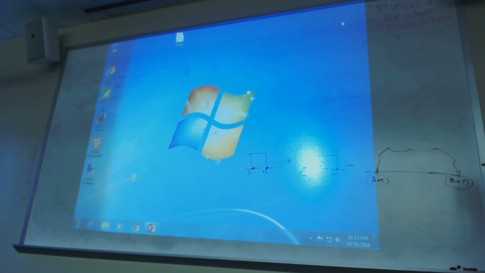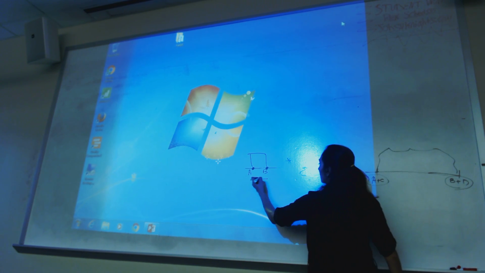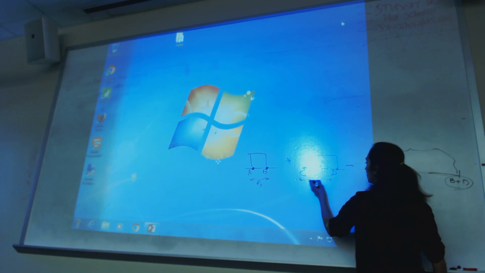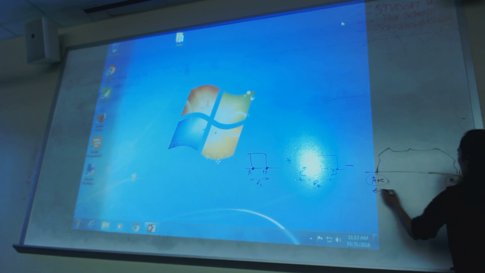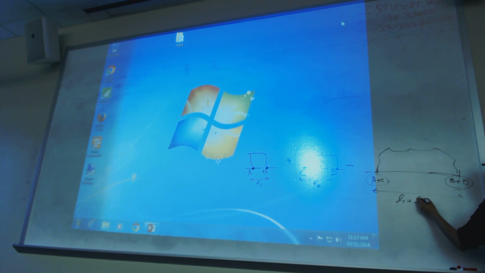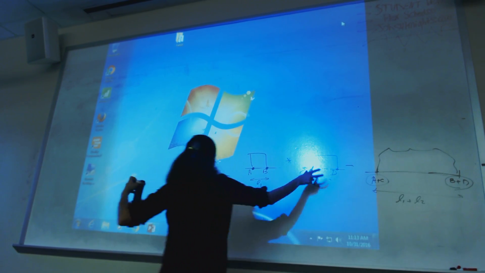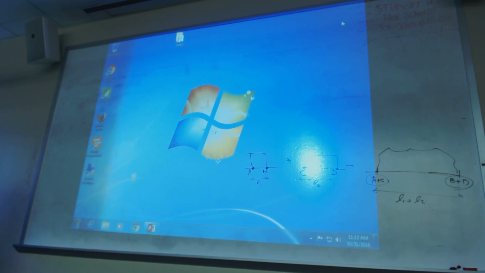Okay. And so if this is L1 and this is L2, the result will be L1 plus L2. So somehow it adds to the length of the signal. Please write this down.